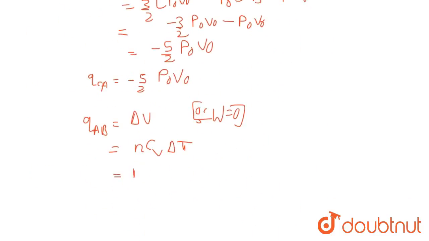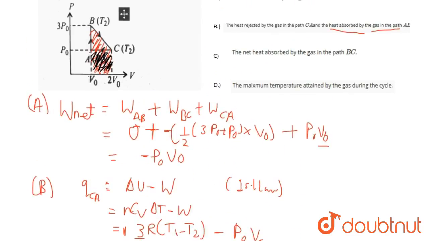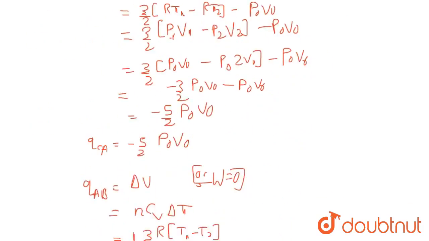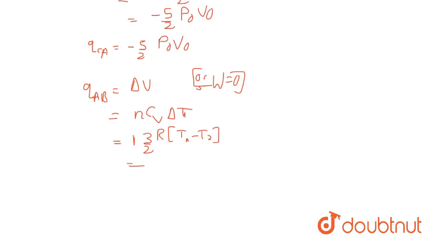So n is 1, CV is 3 by 2 R for a monoatomic ideal gas, and delta T is T1 minus T2. And if you see at temperature T1, the pressure is P0, volume is V0. So 3 by 2 RT1 minus RT2.